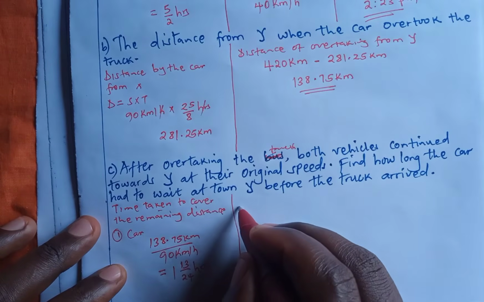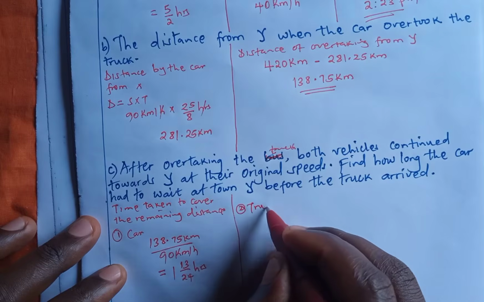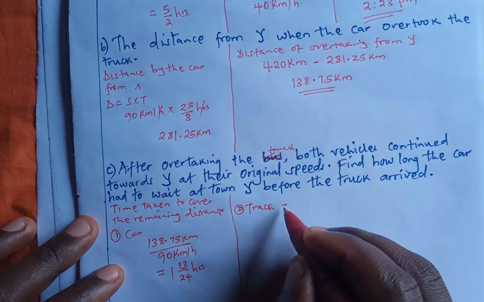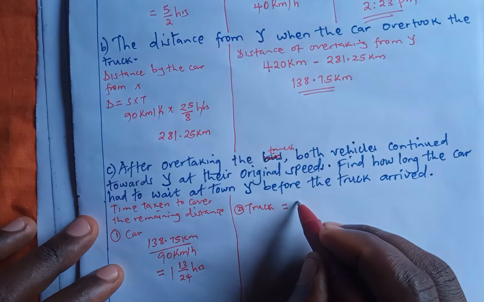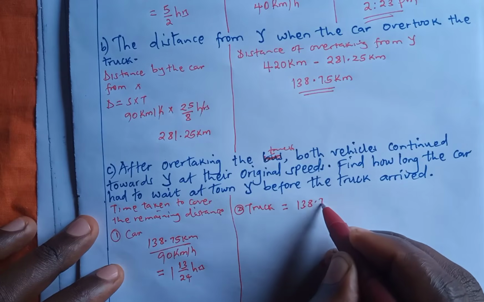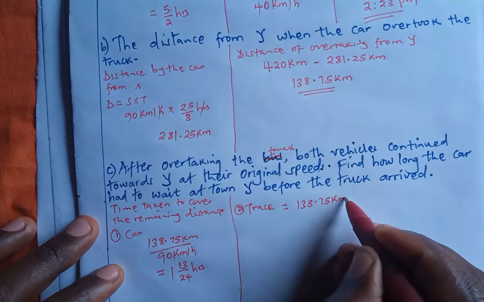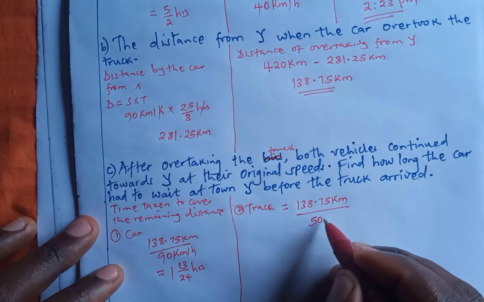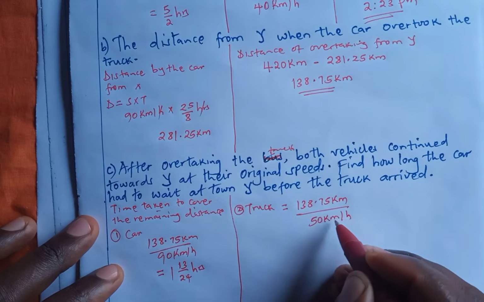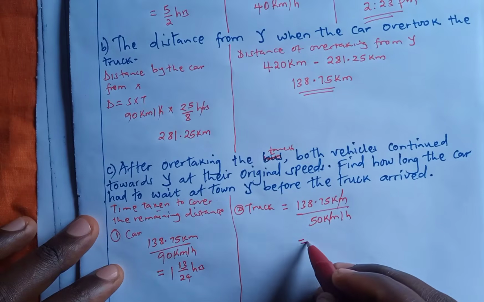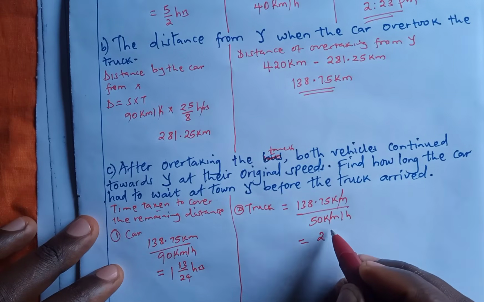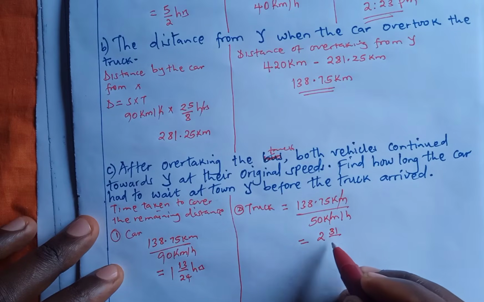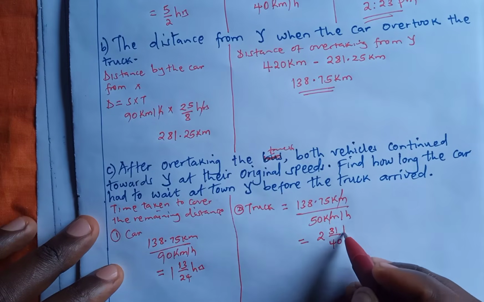What about number 2, the truck? We do the same, but this time around we change the average speed. 138.75 kilometers, we divide by 50 kilometers per hour. This is going to give us a total of 2 31/40 hours.